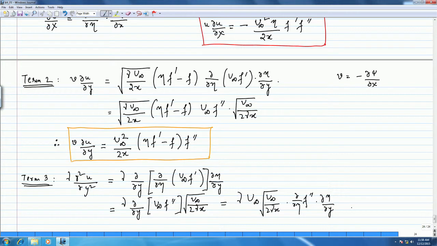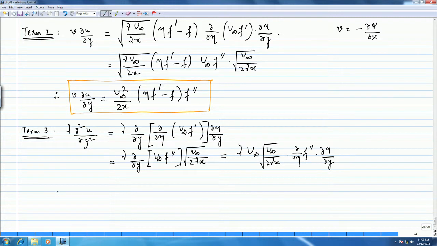Therefore, nu del 2u del y2 is equal to nu u infinity by 2 nu x, this is f triple dash into u infinity by 2 nu x. So that is this.